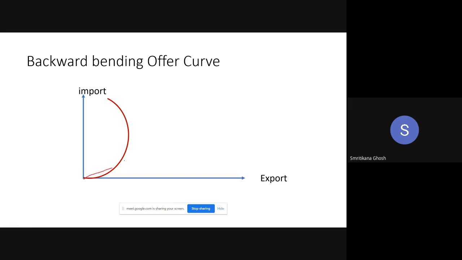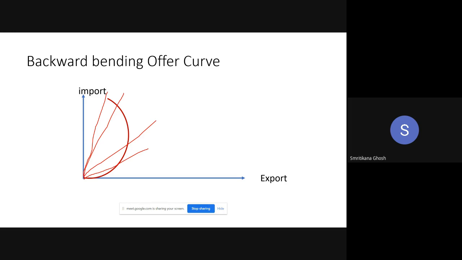Here in this range, if you draw the terms of trade, export and import both are rising. But here, if you draw the lines here, import is rising, but export is falling. That is also possible. Upward curve may be backward bending. Now I'm going to explain why it is so. But it is possible.